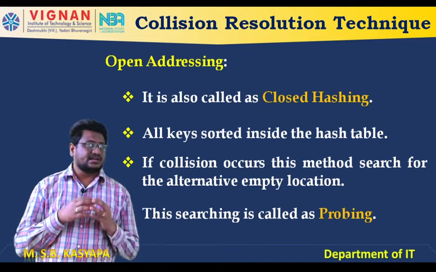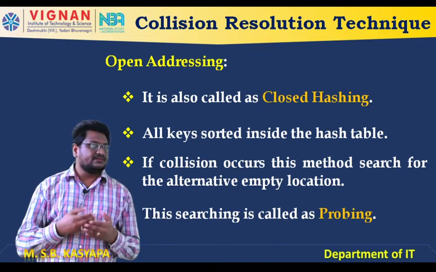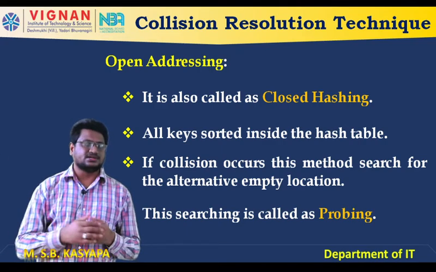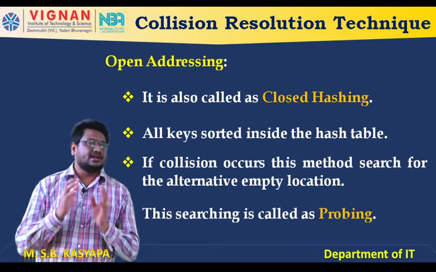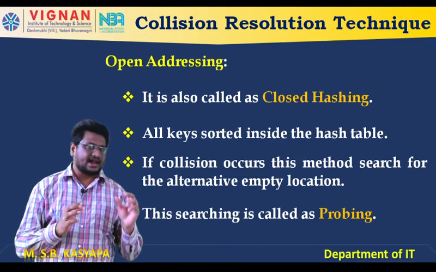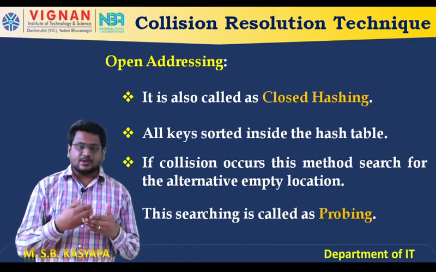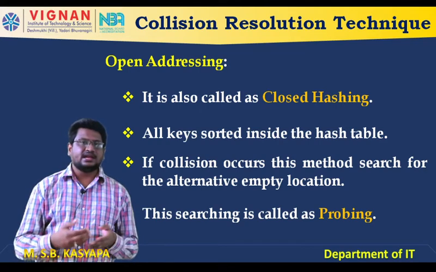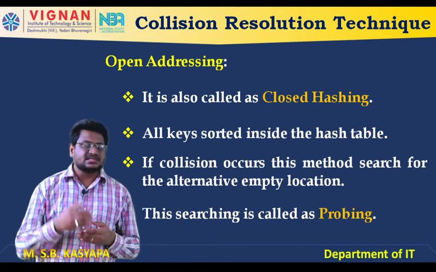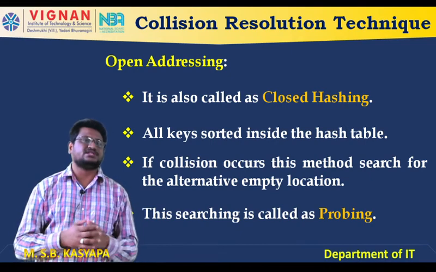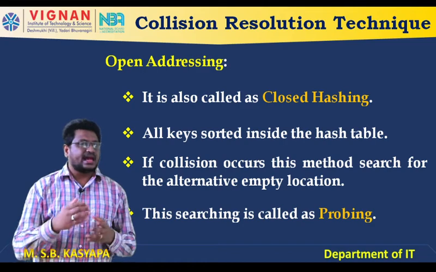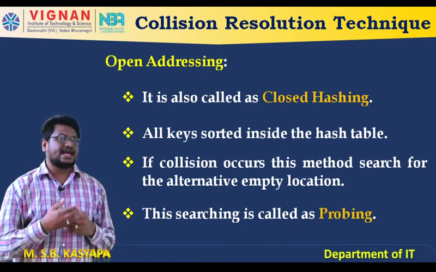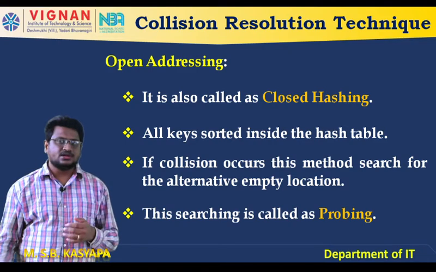If that happens in open addressing, then what will it do? It will search for another free space. If a data item is already at a particular address, open addressing will search for another free space, and if it finds one, the value will be stored there. That searching is called probing.